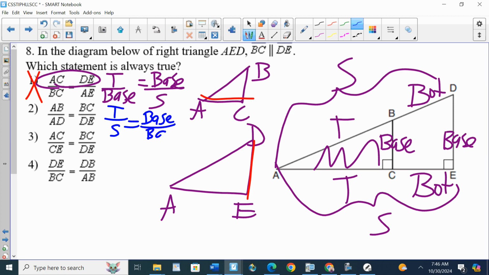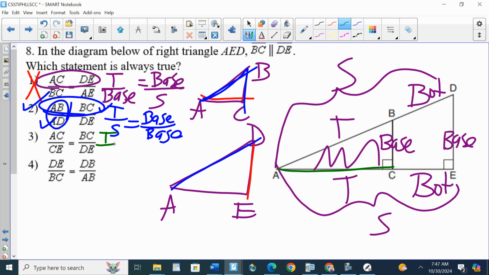So again, if there's bases involved, AB, BC, same triangle, AB, AD, they correspond. That one looks good. Choice 3: AC is a top over CE is a bottom equals BC is a base over DE is a base.